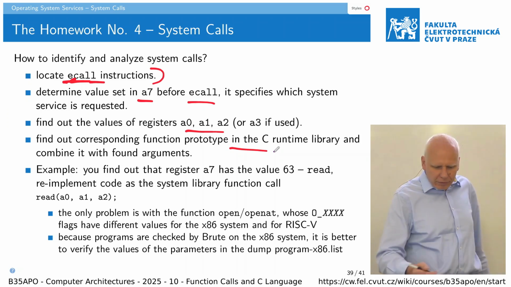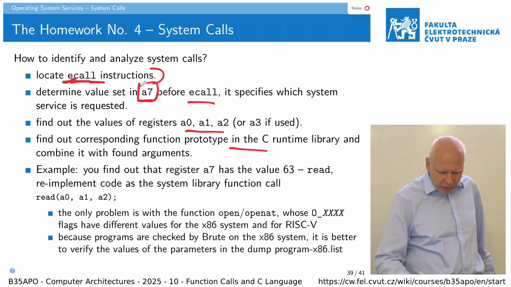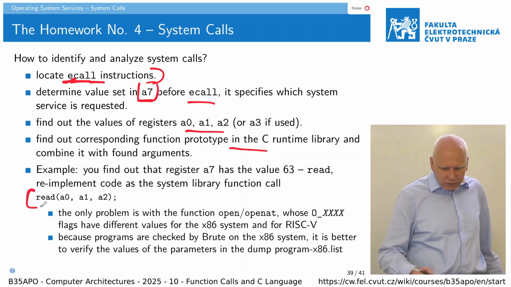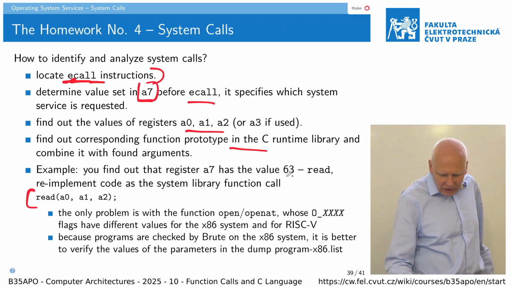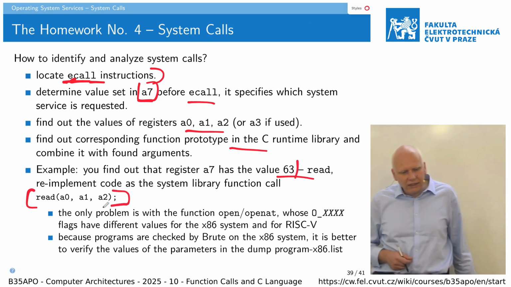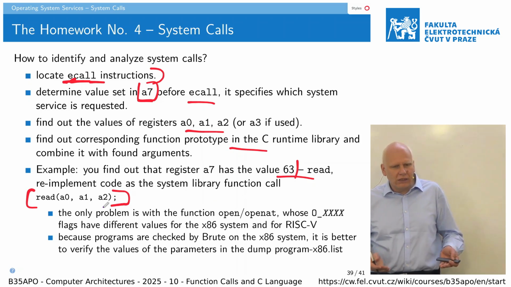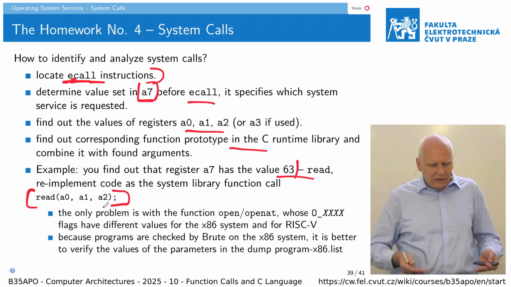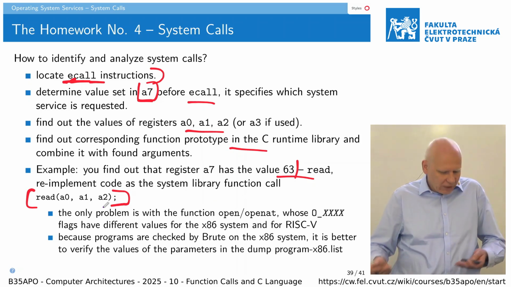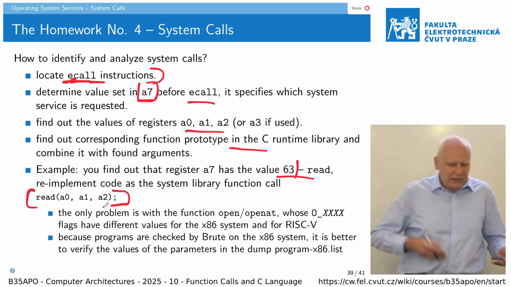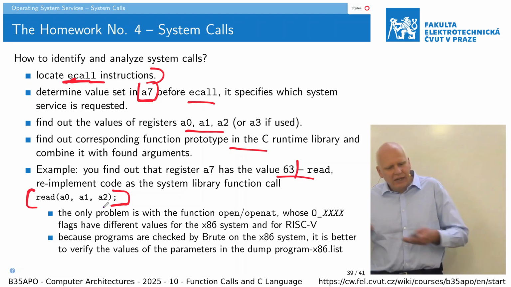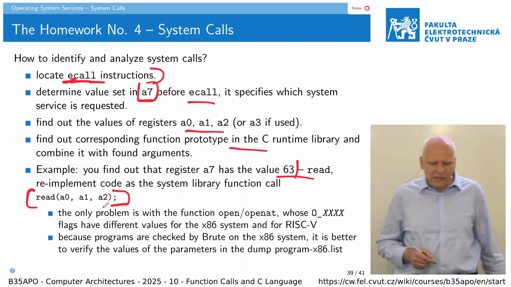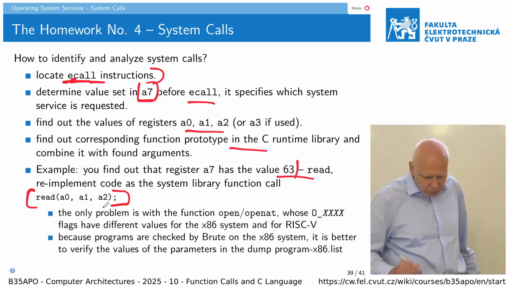So, for example, if you find that A7 corresponds to read, then you can rewrite your code in C as read. And your goal is to rewrite the assembly code back to C, so that it can be compiled again and run the same as the previous binary code.